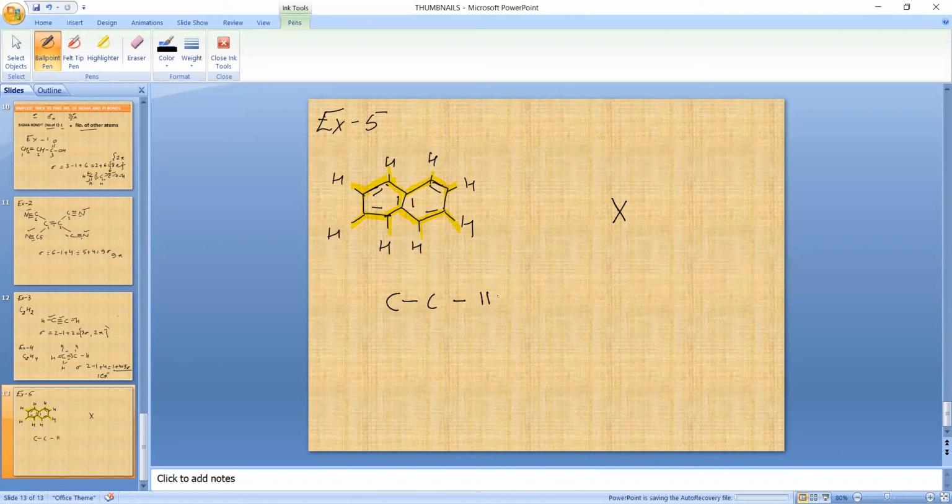That is 11 sigma bonds. Next, the carbon-hydrogen bonds: 1, 2, 3, 4, 5, 6, 7, 8, 9. The total number will be 19 sigma bonds.